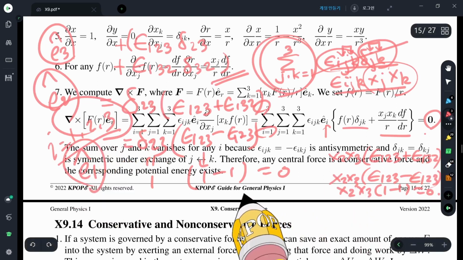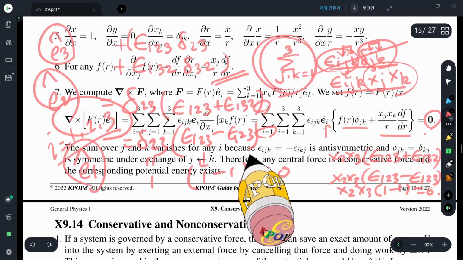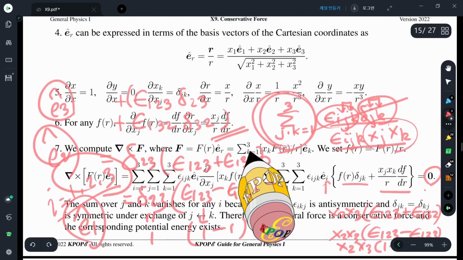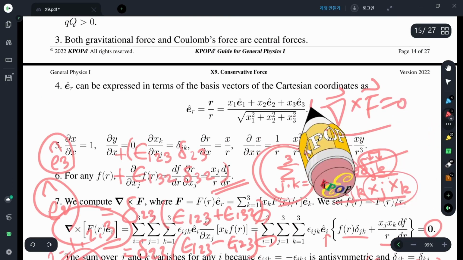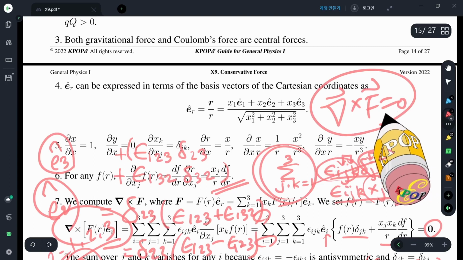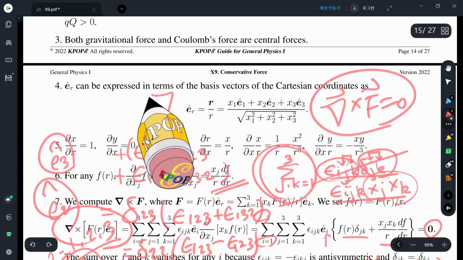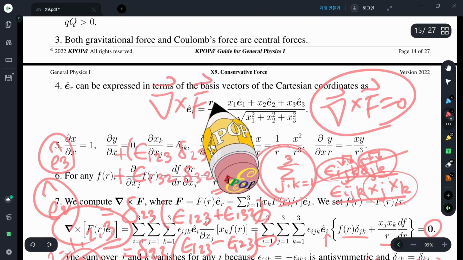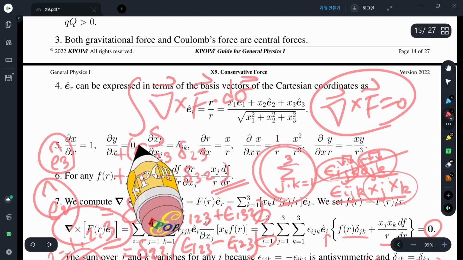So as a result, any central force is irrotational. The curl of a central force is 0. If the curl of the force is 0, then I can write it in this form, a surface integral.